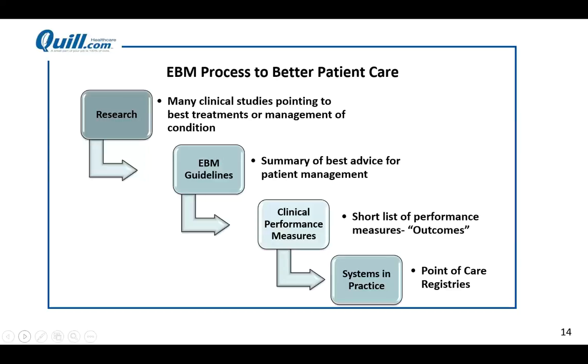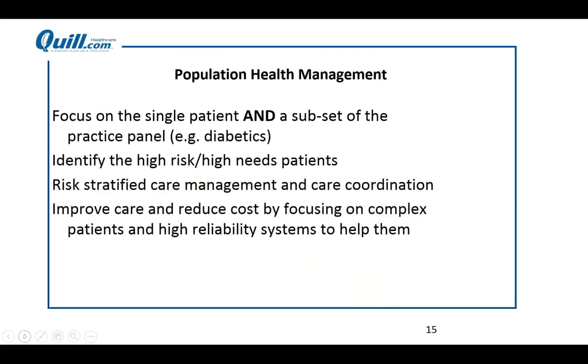And then finally, in order to know whether you're actually following the clinical performance measures or the evidence-based guidelines, you really have to have a system in practice. And I'll talk a little bit about a point-of-care registry, which helps you know for sure what percentage of your patients are receiving evidence-based medicine.